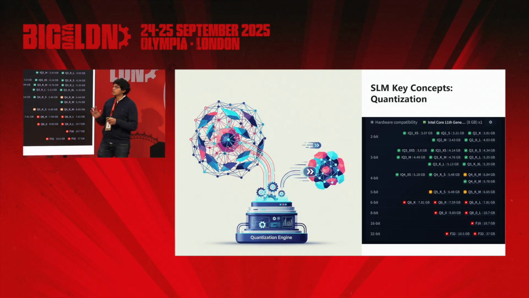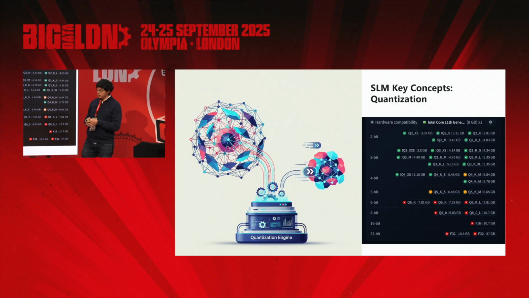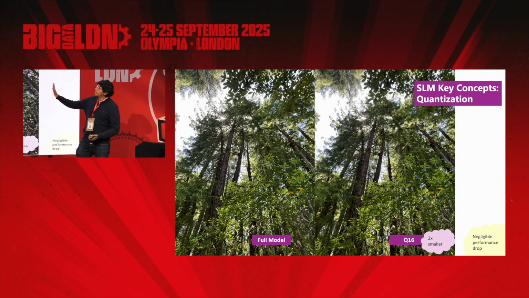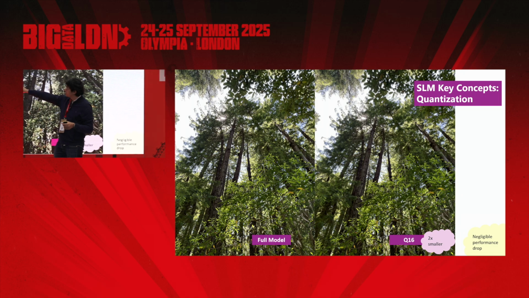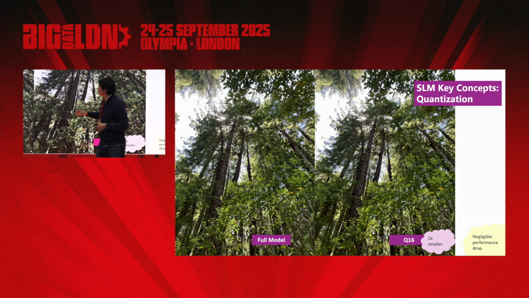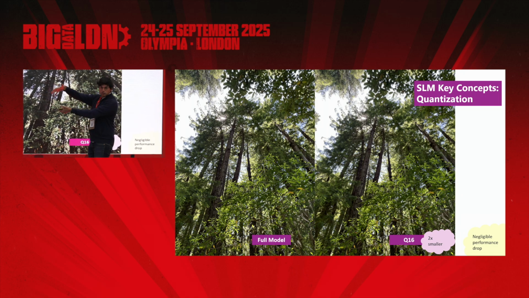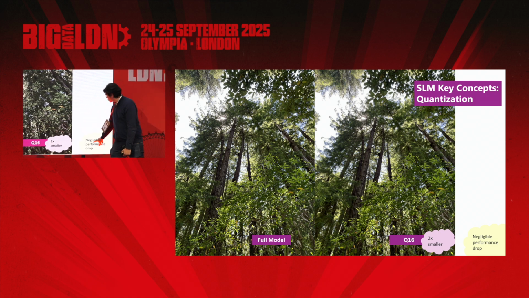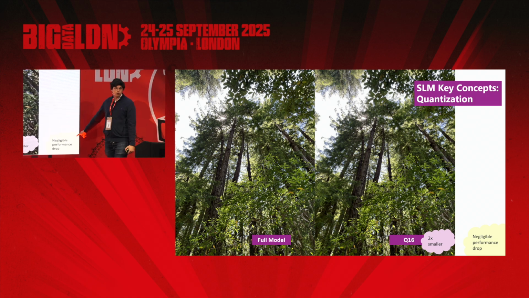As I mentioned, it's a bit like keeping more or less detail. On the left, you have the full-size model. This is an image that you took with your latest phone. It has the trees, you can zoom in and see the little squirrels on the top of the tree, and that has a certain size. If you put that through a quantization engine, you can get it to be 2 times smaller and have a negligible performance drop.